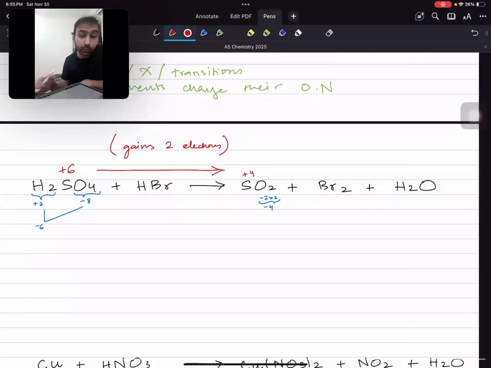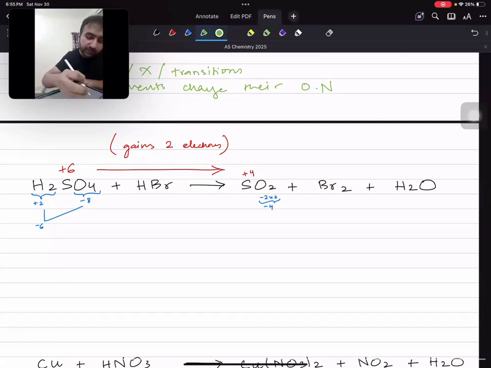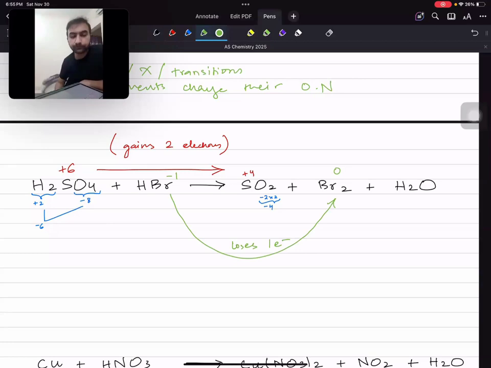Let's look at bromine. The HBr has a bromine with -1 oxidation state, but when I look at Br2, it's an element with 0 oxidation state. It is changing from an oxidation number of -1 to 0, so it loses 1 electron.